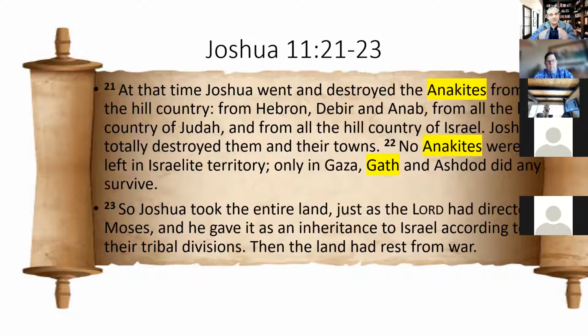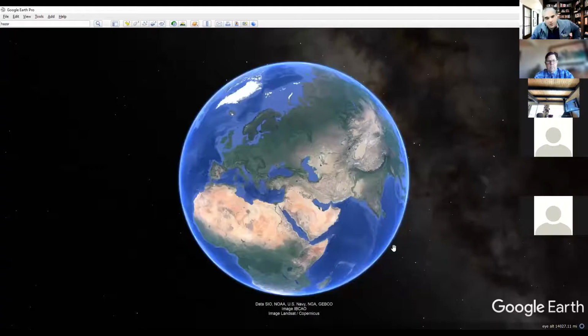Okay, so after this genius conquest of Joshua, we have the layout of the foundation for the children of Israel to establish their kingdom, but they couldn't establish the kingdom up until King Saul, for about 400 years.